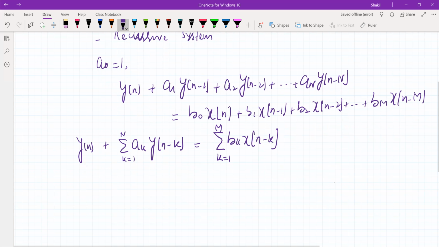So we can also write it in the summation form, right? So this is the difference equation.